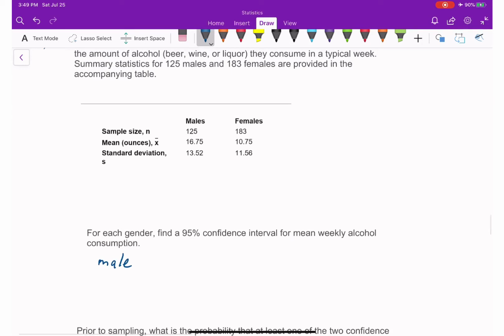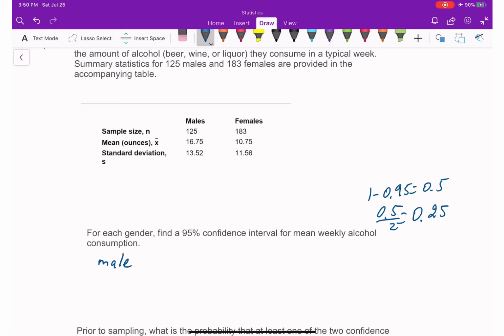So, confidence interval. How much is our confidence interval? 95, right? Which means for Z critical, 1 minus 0.95 will be 0.05, and divide by 2, gonna be 0.025.